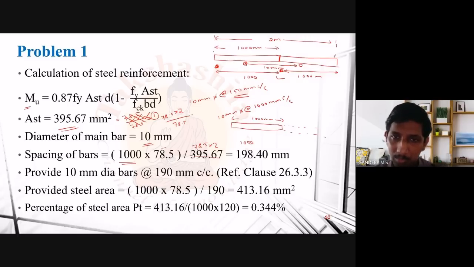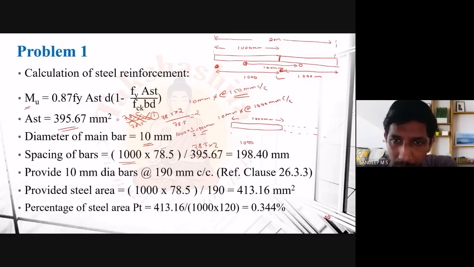Actually we are taking the reverse here. So you will be getting 1000 into 1 by 2, which is equal to 500 millimeters. This is the spacing that you are obtaining from this equation.